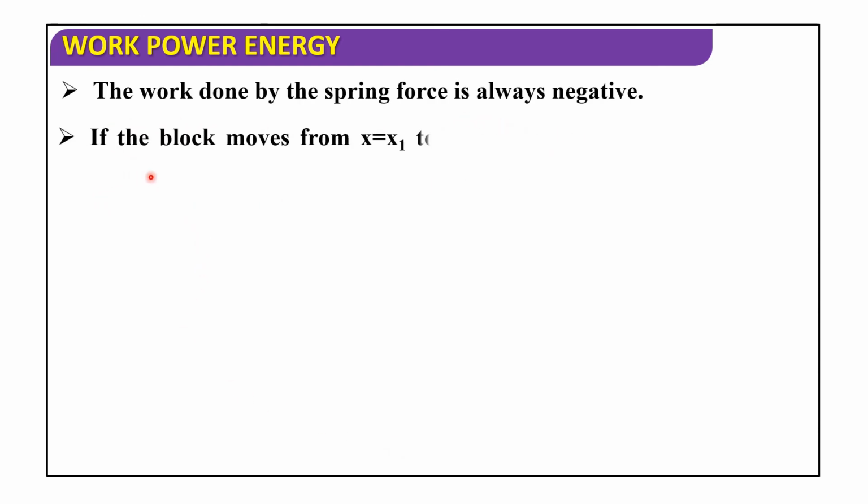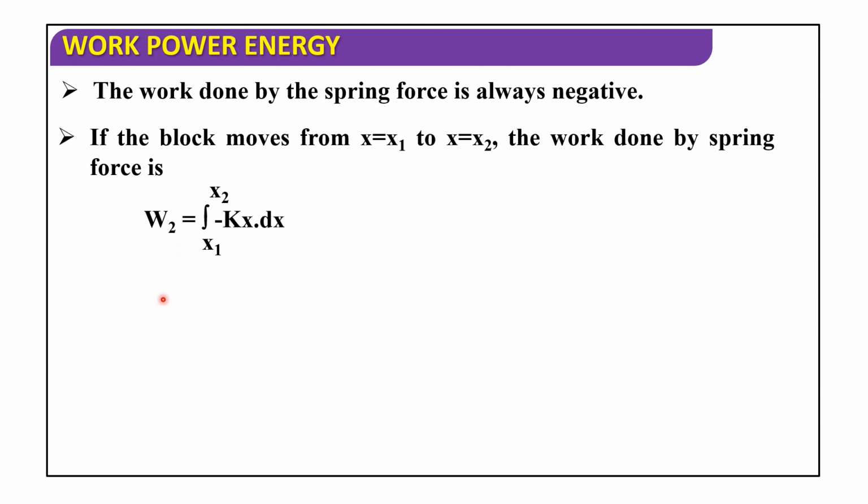If the block moves from x equals x1 to x equals x2, the work done by the spring force is W equals the integral from x1 to x2 of minus kx dx. After integration, we get W equals minus 1 by 2 k of x2 square minus x1 square.